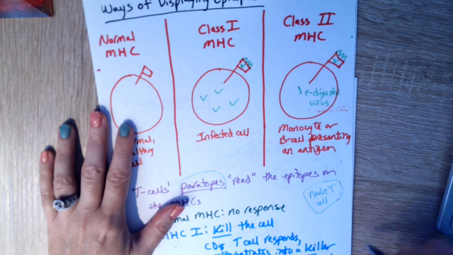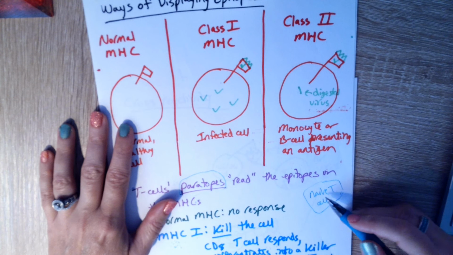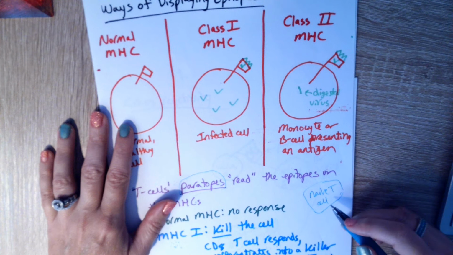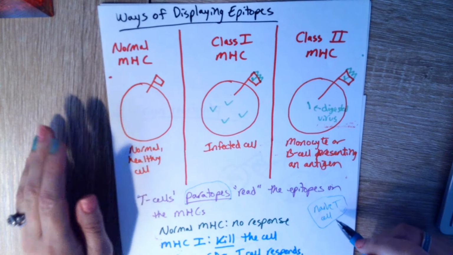It hasn't had its epitope programmed, and these would tend to be found in your lymph nodes, and there are things called dendritic cells that can present antigens to those naive T cells and program them, which we'll get into in a couple of minutes.